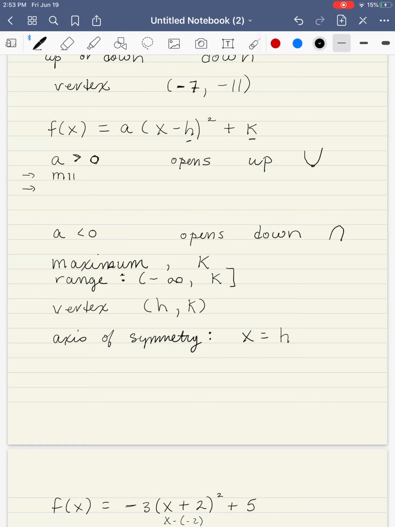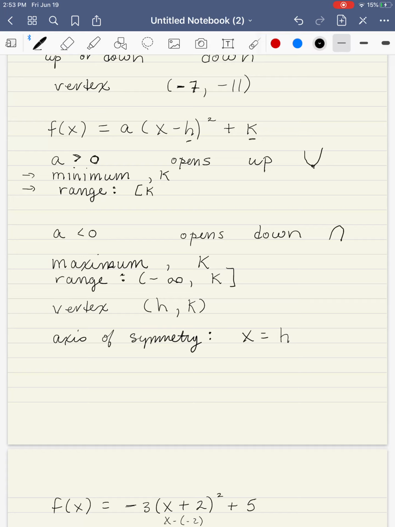Okay, we see when we open upwards that we're going to have a low point, a minimum. And that minimum is going to be the y-coordinate of the vertex, which is k. And we're going to see our range sweeping up from bottom to top.